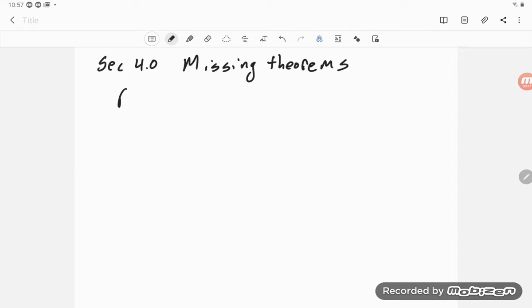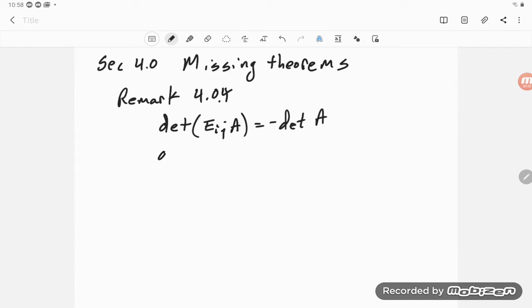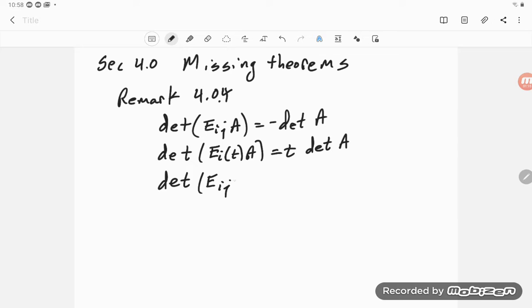They do mention, in Remark 4.0.4, that if we think of our row operations as multiplying by matrices, the determinant of Eij times A is negative determinant of A, the determinant of Ei of t times A is t times the determinant of A, and finally the determinant of Eij of t times A is just the determinant of A.